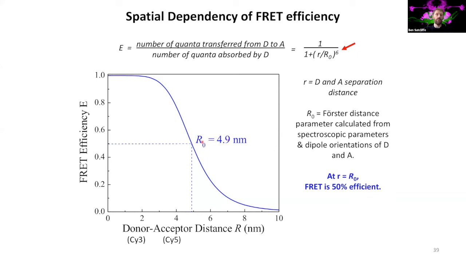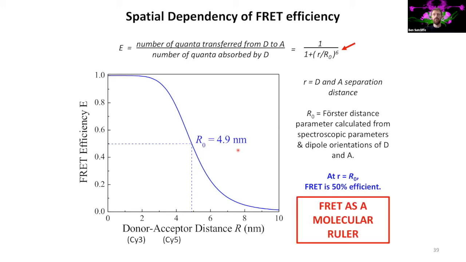If they were to move closer together, you would get an increase in FRET efficiency. If they moved further apart, you'll get a decrease in FRET efficiency. So you can use this to calculate the distance between your donor and acceptor, and therefore you can use FRET as a molecular ruler. So you can look at molecular interactions that are less than 10 nanometers.